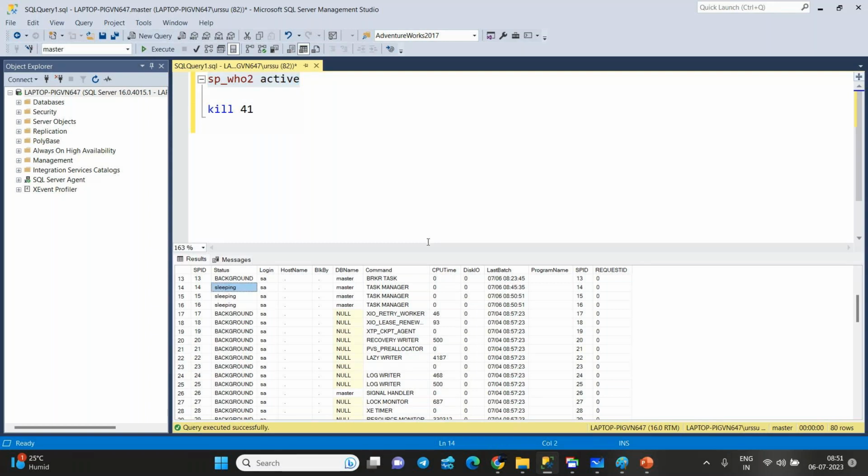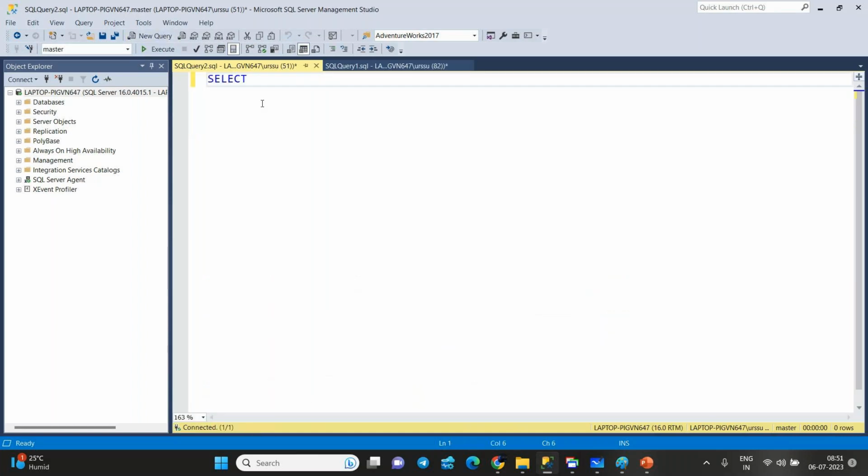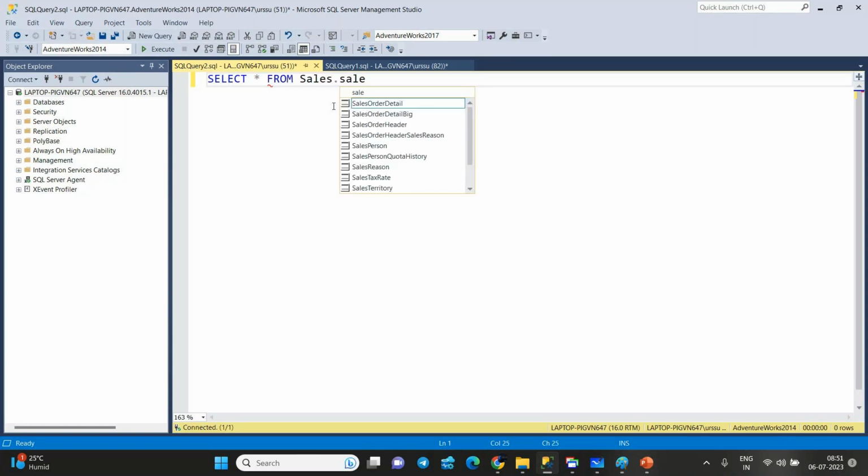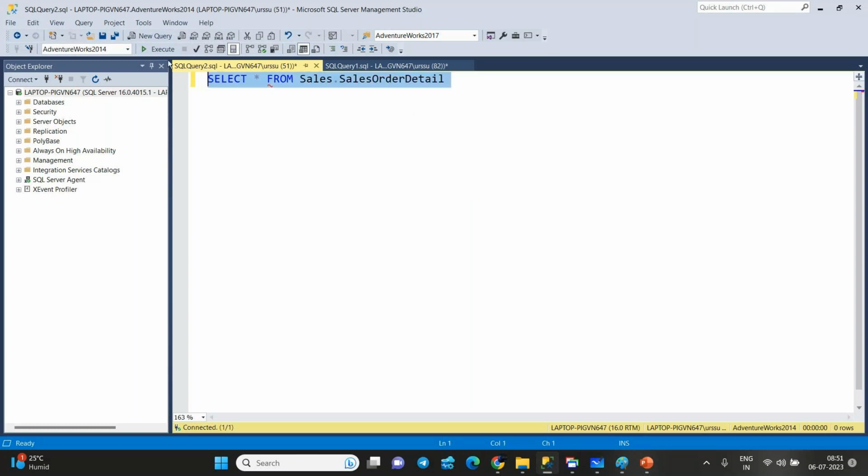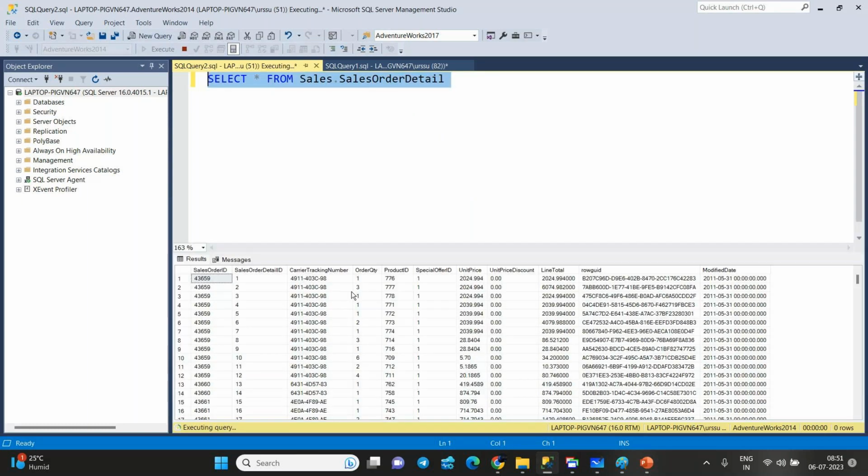For example, you run one select statement, select star from sales dot sales order details in AdventureWorks. Now your operation is done. It's completed. You got the output, but you forgot to close the session. Now this session will be in the sleeping state.